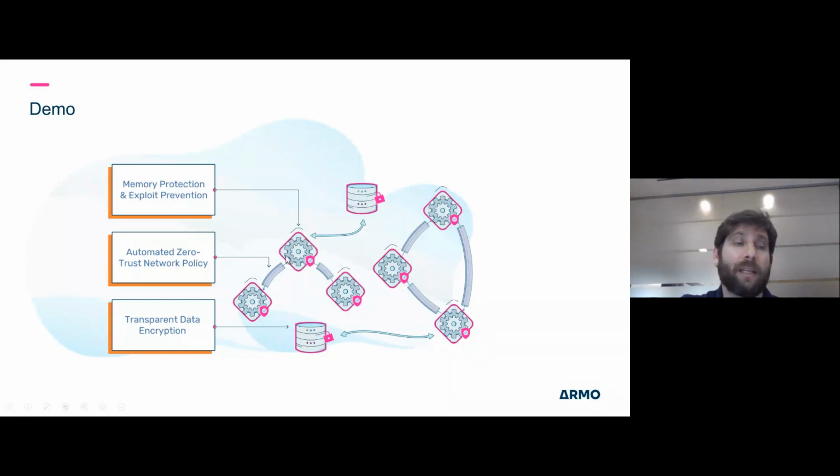We're signing each one of your containers in memory, and that gives us the option to do memory protection and exploit prevention, making sure that no one changes the code of the running container.